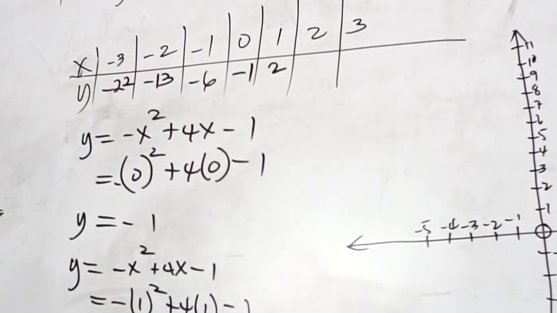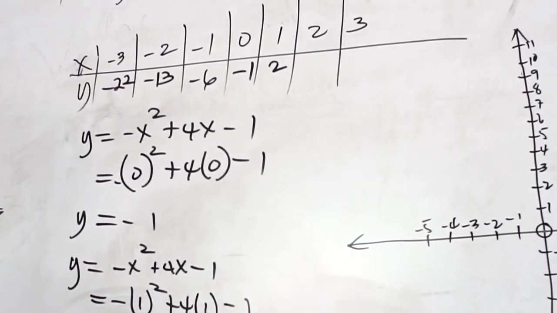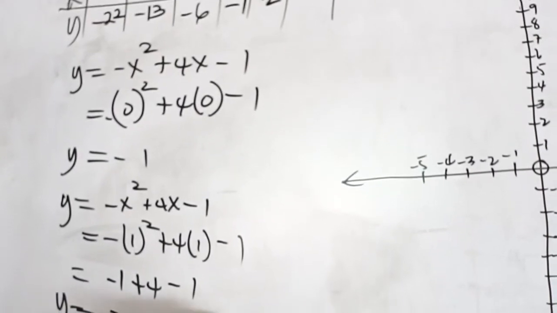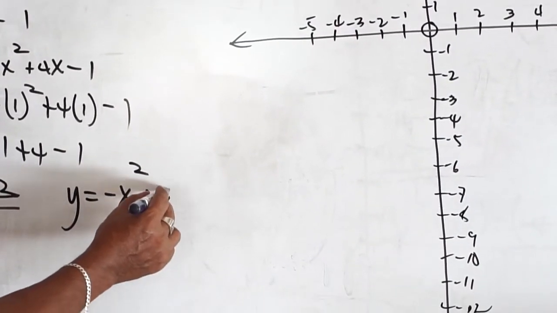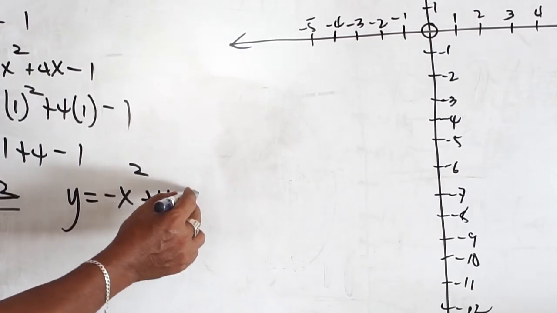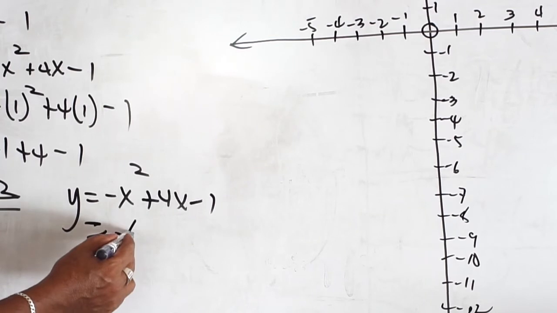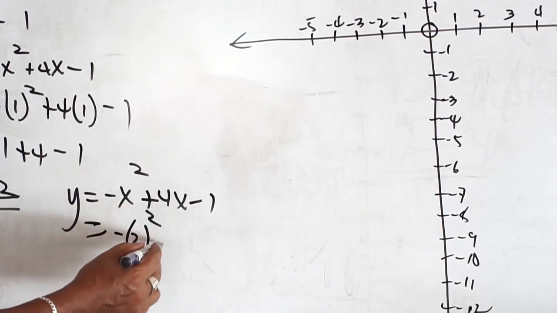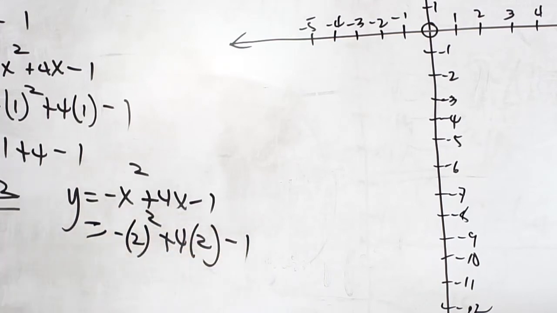Then next, if the value of x is 2. So negative x squared, then positive 4x, then negative 1. Then substitute: negative 2 squared, positive 4 multiplied by 2, then negative 1.